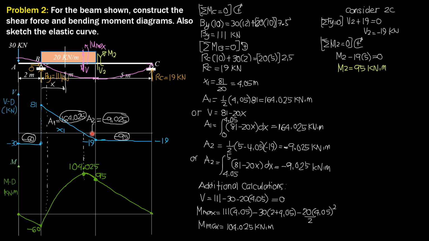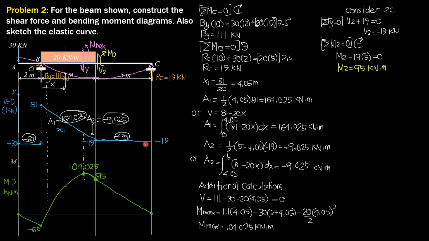Area 2 is 1/2 of 0.95. 5 minus 4.05 is 0.95 times negative 19, so negative 9.025. Another way is we use this shear equation, integral from 4.05 to 5 of 81 minus 20x dx, you will get negative 9.025 kilonewton meters.